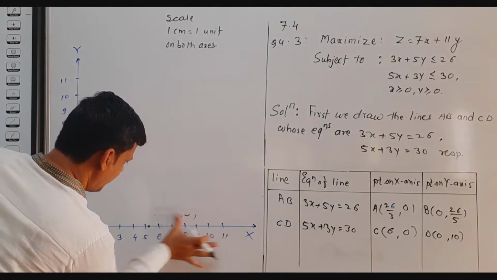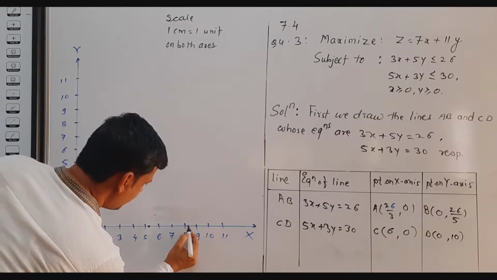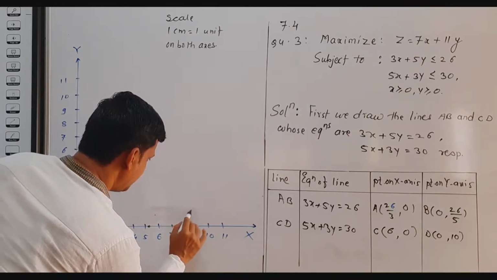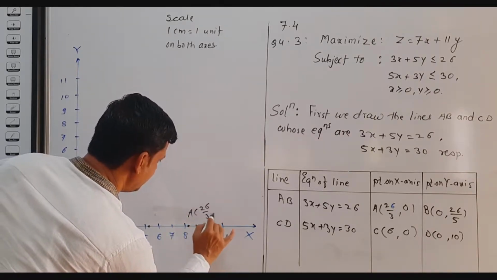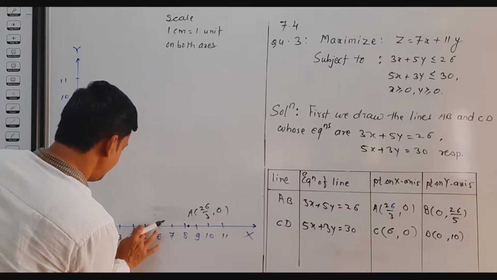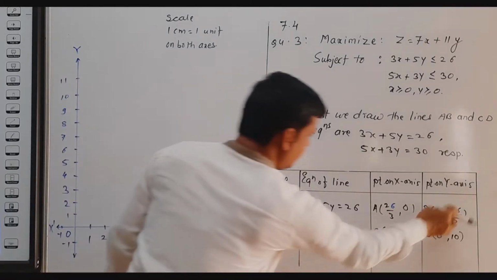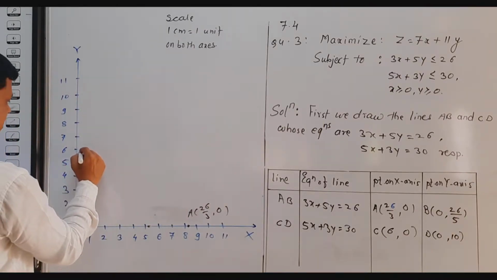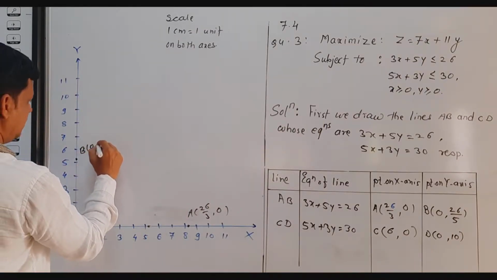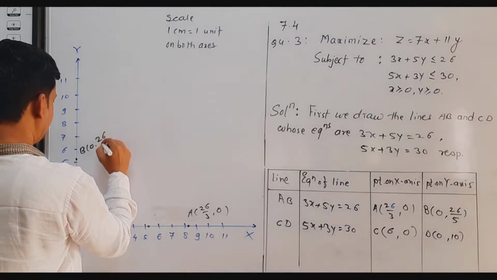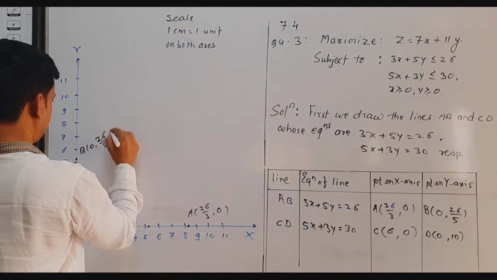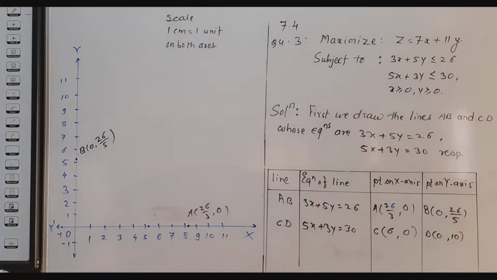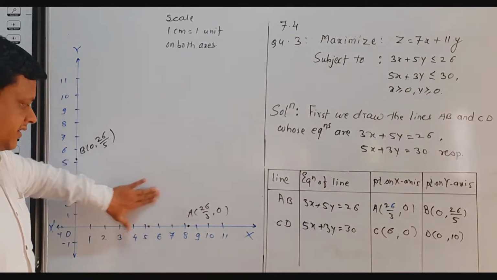So we take this point here. This point is A of 26 by 3, 0. Point B is 26 by 5, so this is the value 5 point something. So we take here B of 0, 26 by 5. We have to draw the line passing through these two points A and B.